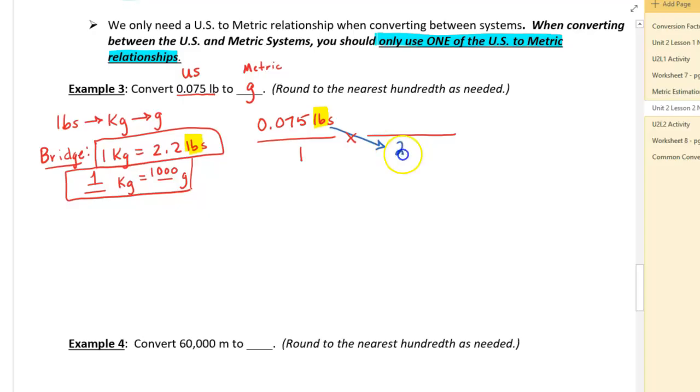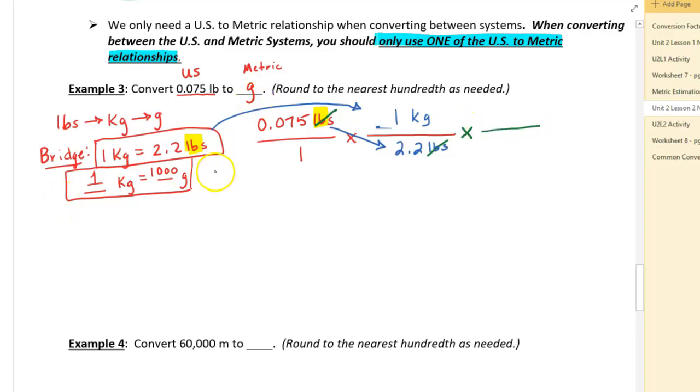So we have our 2.2 pounds, and we have our 1 kilogram on top. So now we see our pounds will cancel, but we're at kilograms and we were asked to find grams, so we need to keep going.